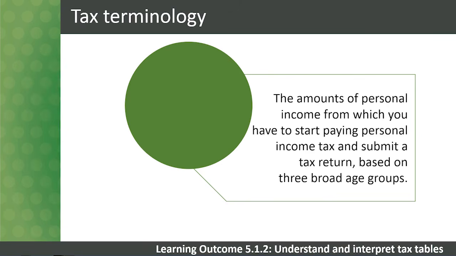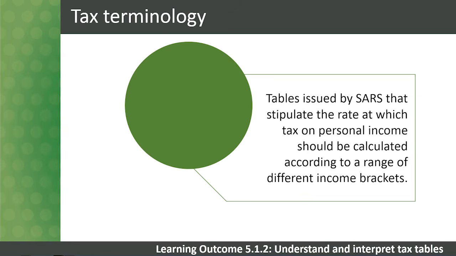The amounts of personal income from which you have to start paying personal income tax and submit a tax return based on 3 broad age groups. Tax threshold. Tables issued by SARS that stipulate the rate at which tax on personal income should be calculated according to a range of different income brackets. Tax tables.